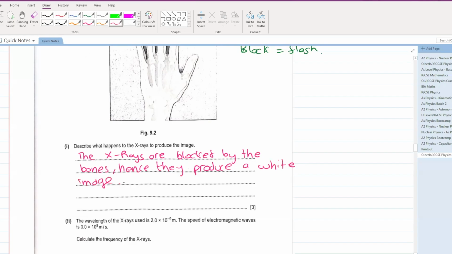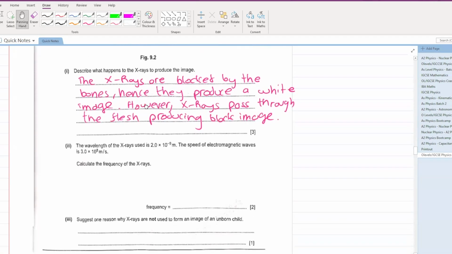However, X-rays pass through the flesh, producing a black image. Simple as that.